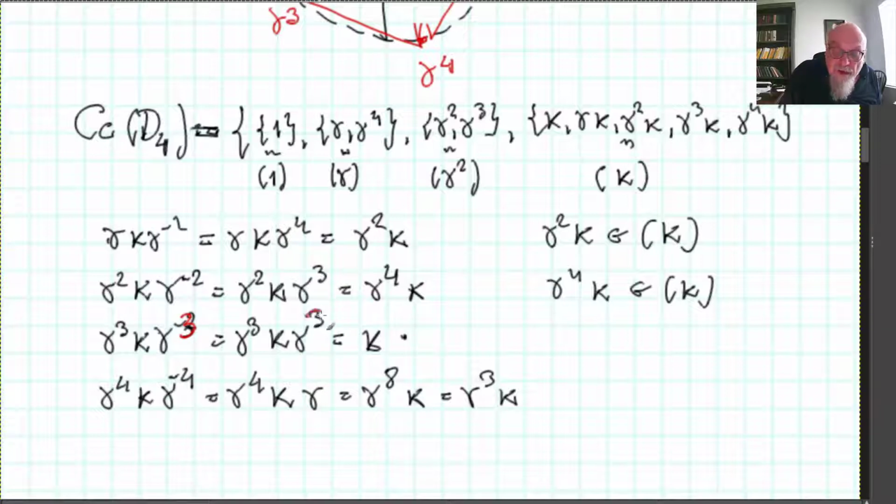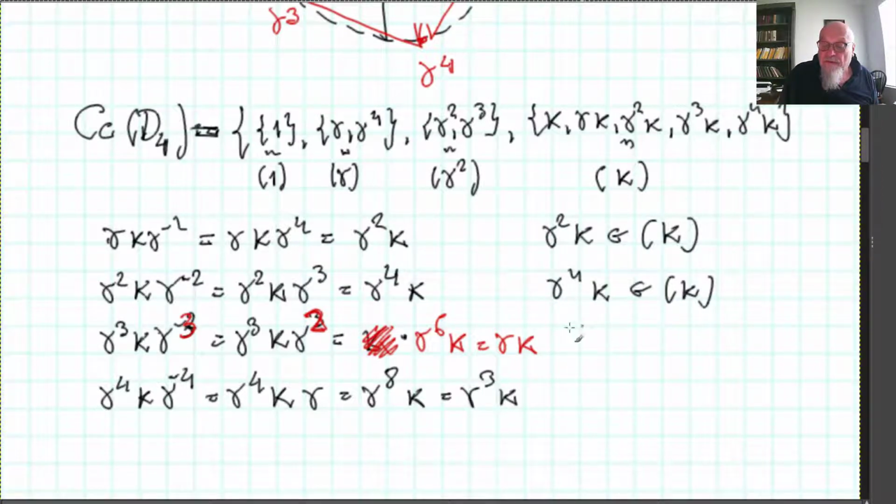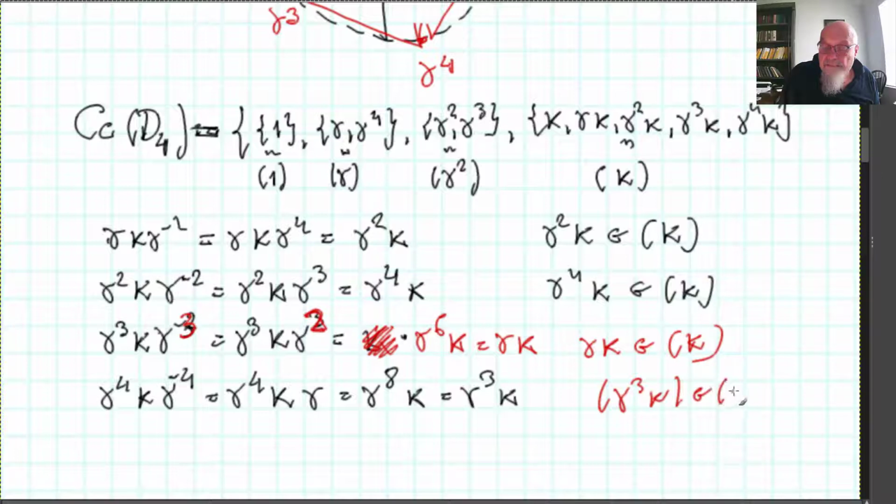So this is 2, and this one is going 3, so this was incorrect. This is going to be gamma 6 kappa, and that one is equal to gamma kappa, and we got all of them: 1, 2, 3, 4, and kappa is there, so all of them belong here. So gamma kappa belongs to the class of kappa, and gamma cube kappa also belongs to the class of kappa.